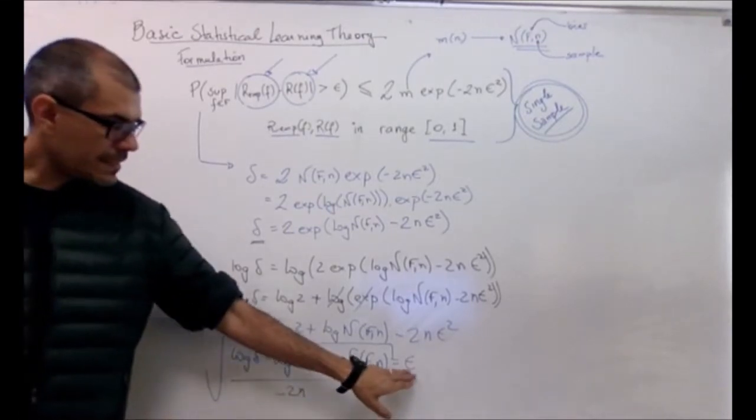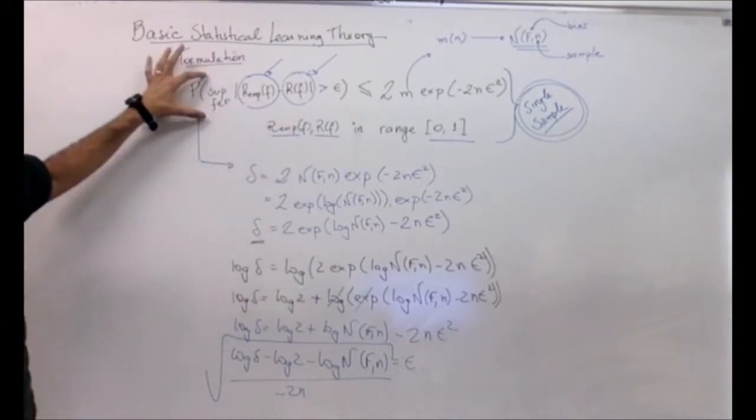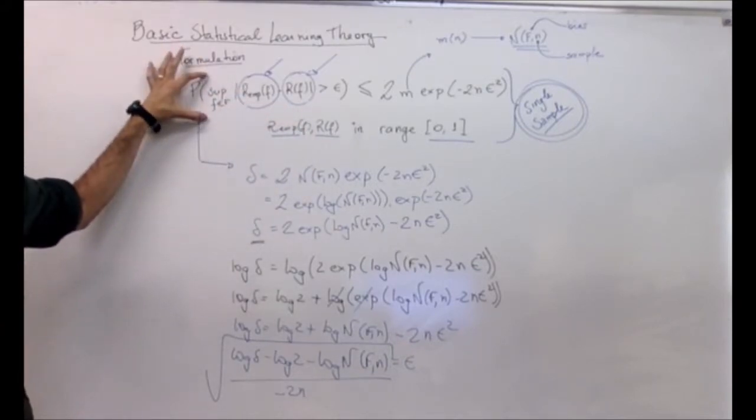Now I can get that epsilon and apply it just inside this probability.